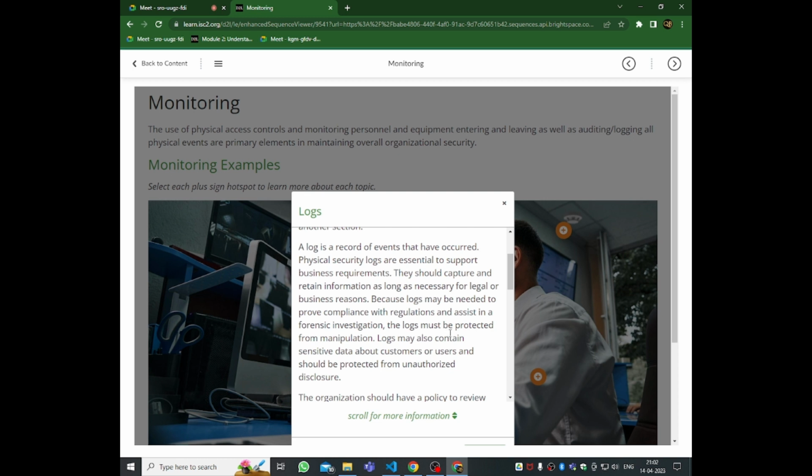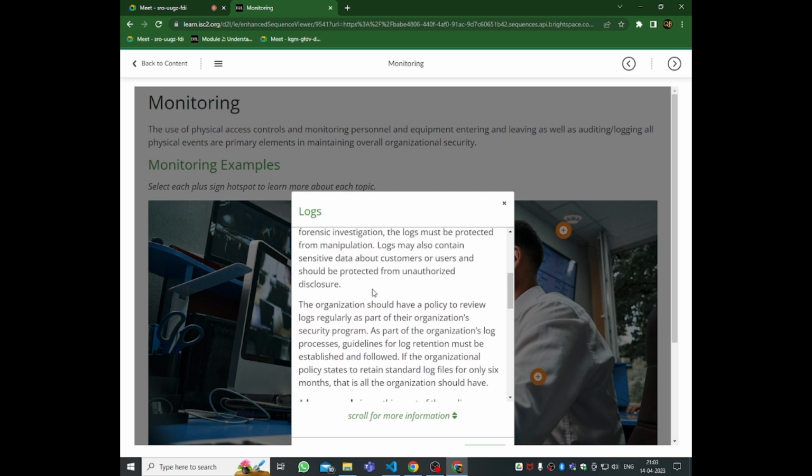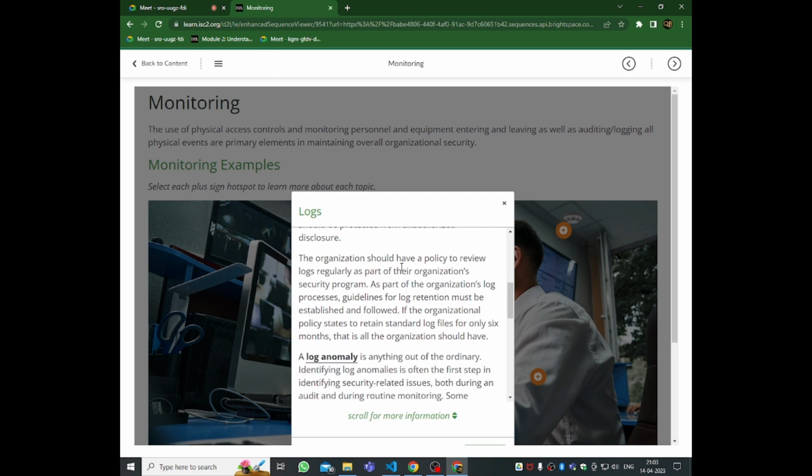The logs must be protected from manipulation. Logs may also contain sensitive data about customers and users, and should be protected from unauthorized disclosure. The organization should have a policy to review laws and regulations as a part of the organization's security program.